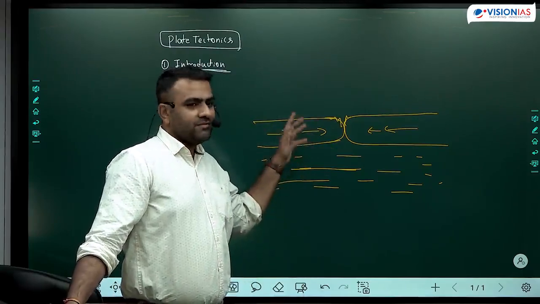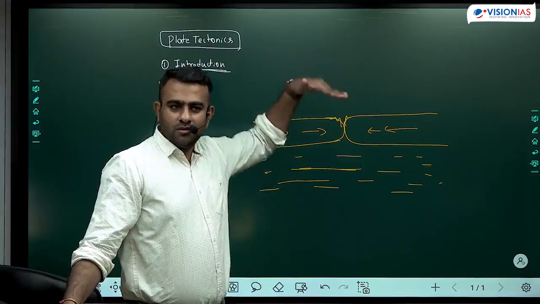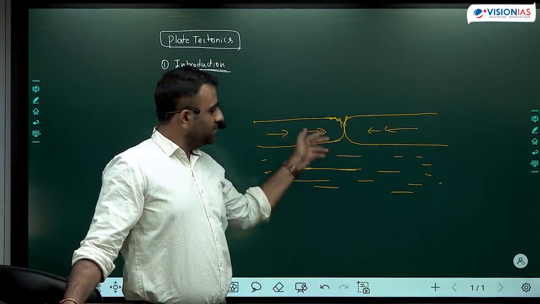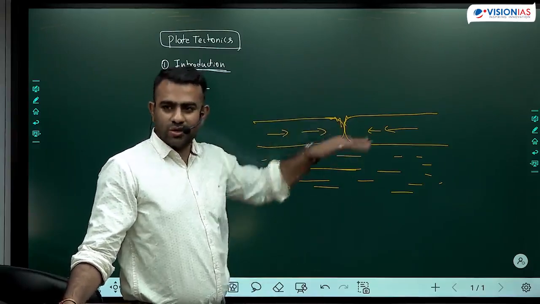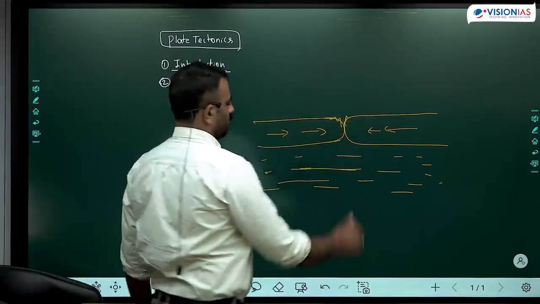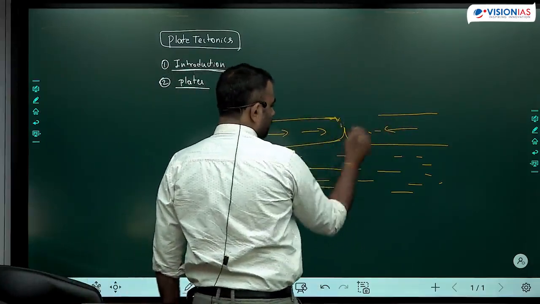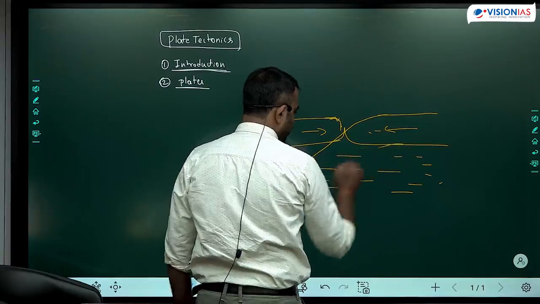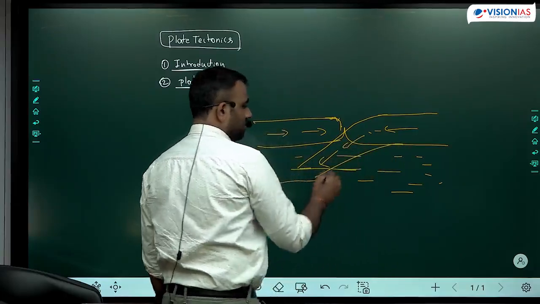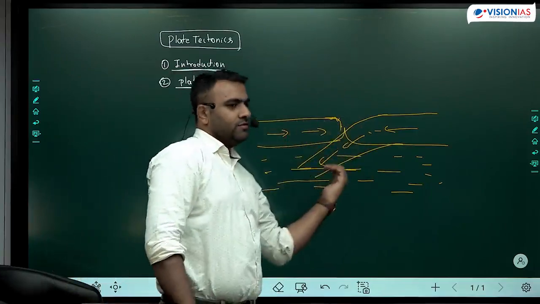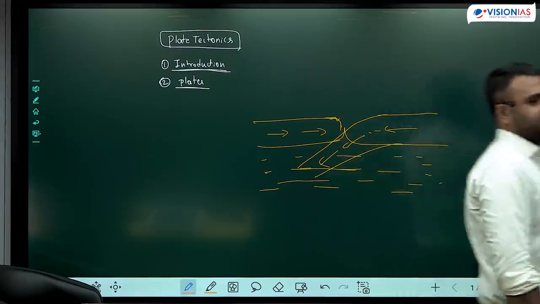A lighter plate will not get pushed down very easily, compared to this, which gets pushed down very easily. This is slightly denser, press it a little; gradually, because of its own movement and the force on this side, over a period of time it will get pushed down and start to move down. That process is called subduction.